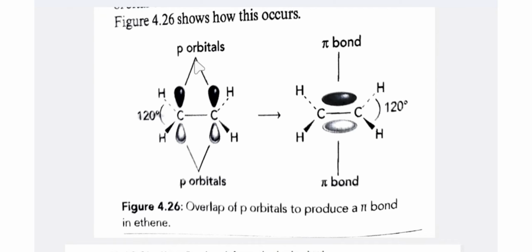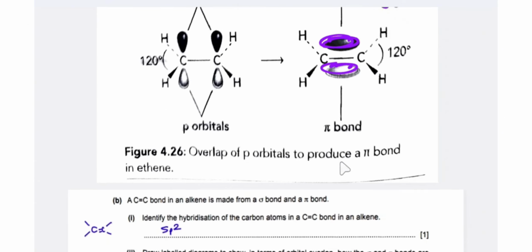So the p orbital overlap is shown by this diagram. You can show this in this way or just show the two orbitals overlapping like this. Both are the same.